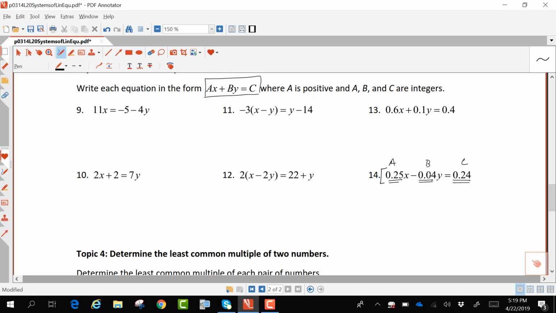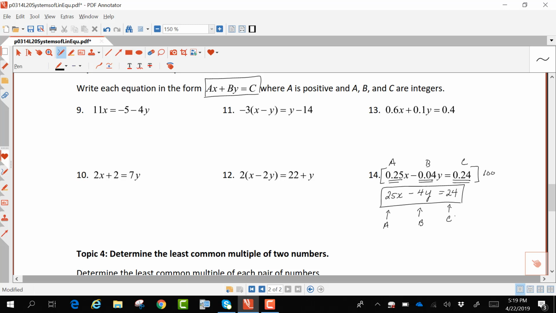So I would come in here to clear the decimals and multiply every term times 100, which would result in a 25x minus a 4y equaling 24. This is now in standard form, where the a value is the 25, a positive value, the b is a negative 4, and the c is 24. There's no fractions, no decimals, and a is a positive value.